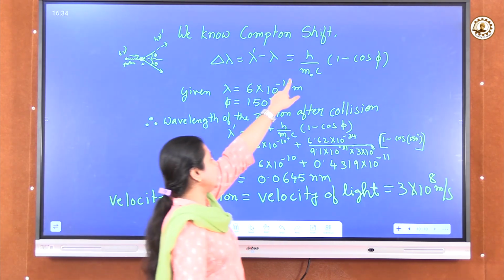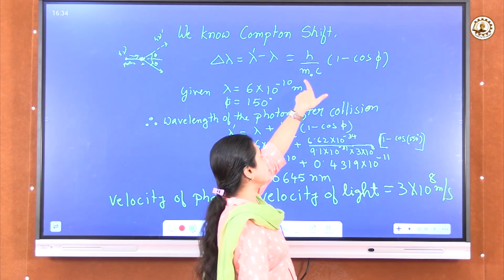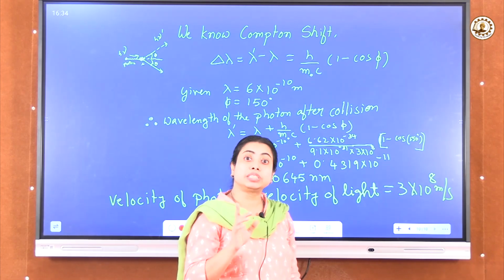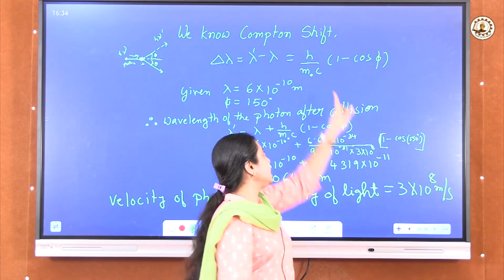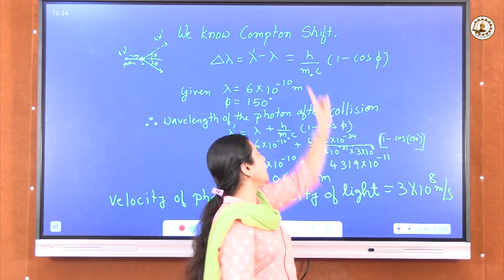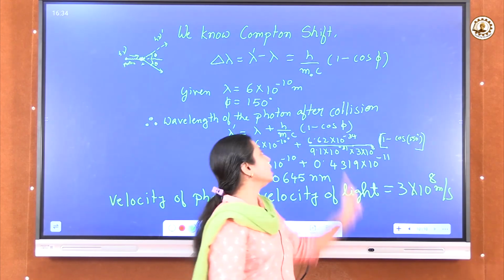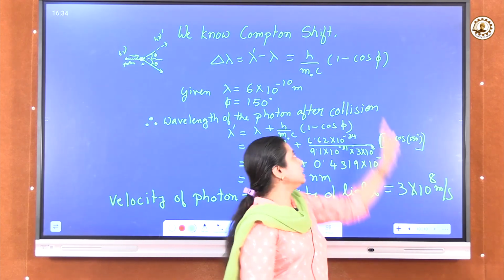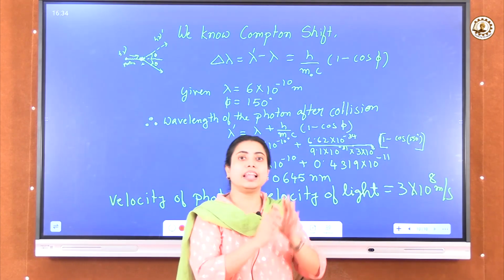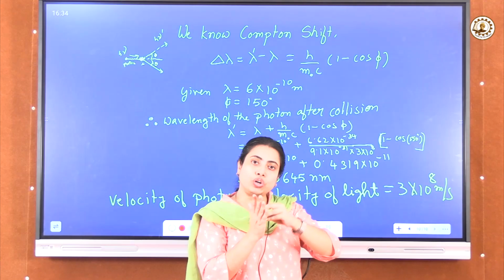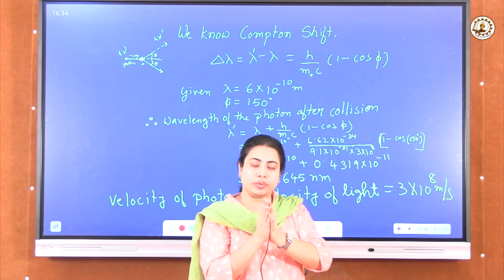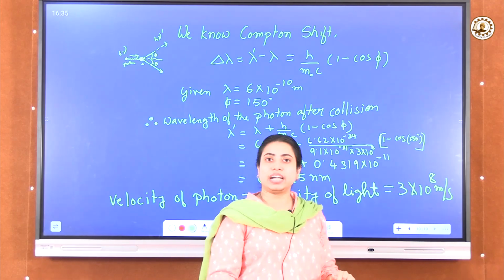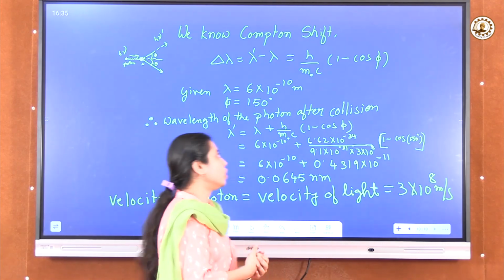This equals h by m0c, where m0 is the rest mass of the electron, c is the velocity of light, and h is Planck's constant, into 1 minus cos phi. This phi is the angle at which the photon moves after scattering with the electron.